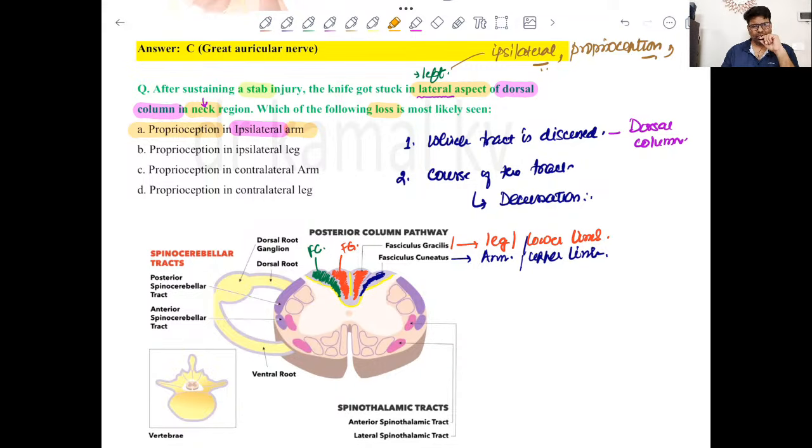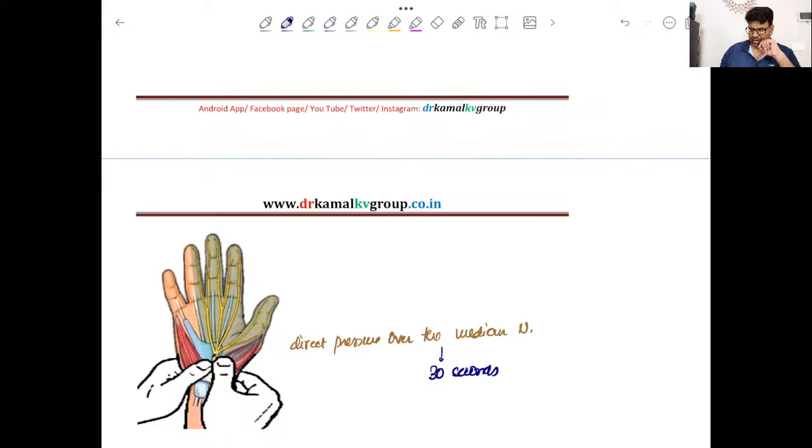So we will press the median nerve, and it may be for around say 30 seconds or so. And again, if there is pressure over the median nerve, that will result in aggravation of the symptoms of median nerve compression.